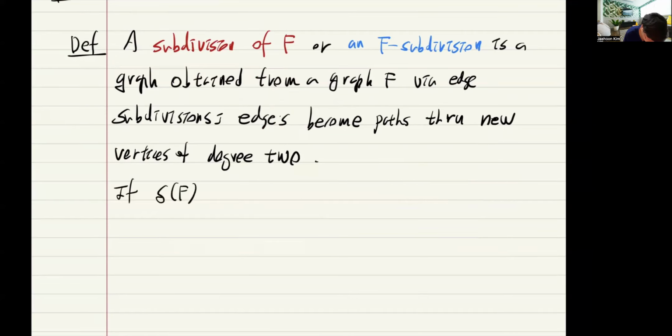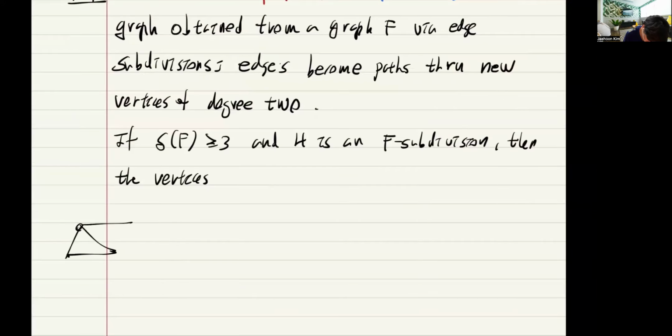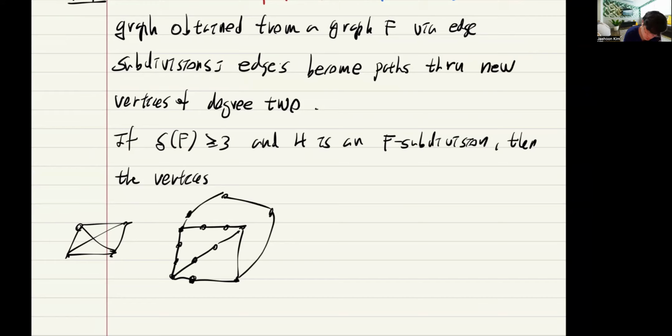And if the vertices in F all have degree at least 3, and H is an F subdivision, then say you have this graph and then you consider its subdivision, and these vertices actually correspond to these vertices.